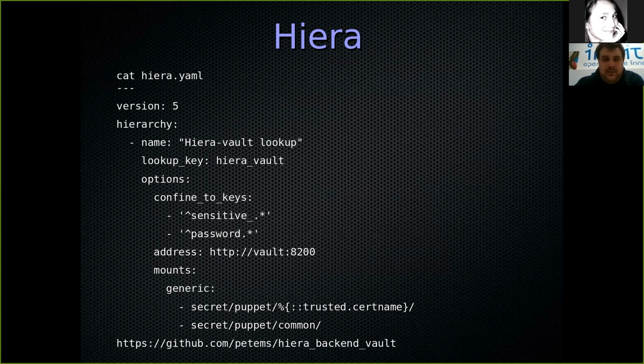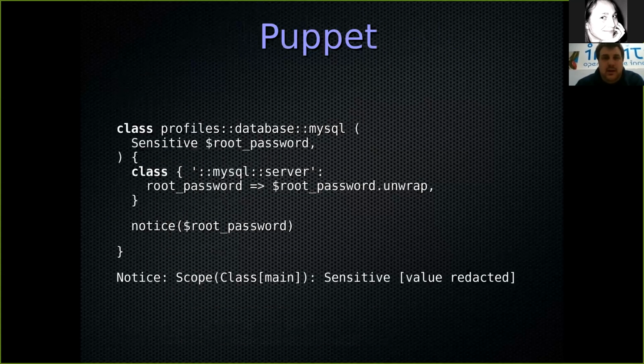It's similar to other backends. We can specify when it needs to go into Vault and where Vault can be found. If we then have a look at how we're using it, I'm showing here a class called profile MySQL, where we go in and we want a sensitive password, so it will never show up in our notices anyway, because I've declared it sensitive.